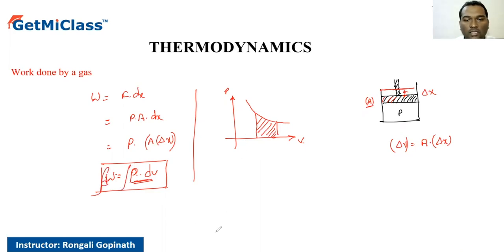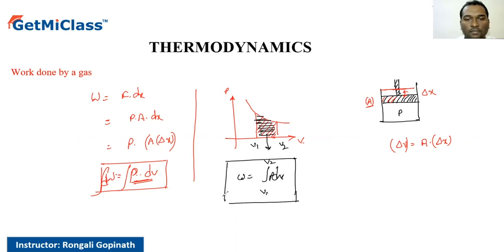That means this is the area. This represents the integral of P dV from V1 to V2. This can be called the work done by a gas.